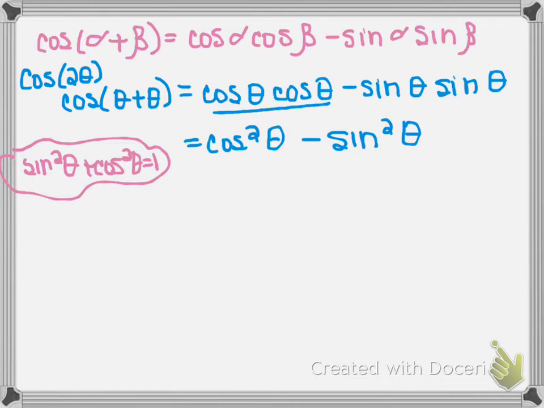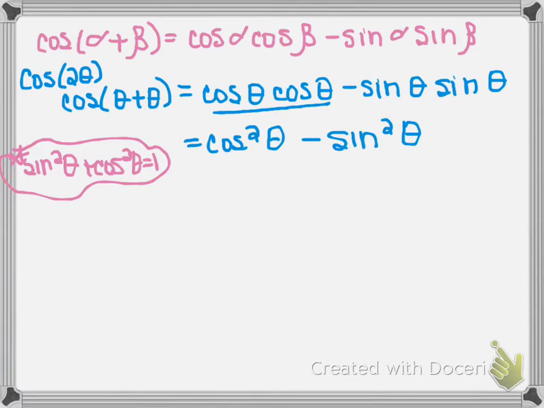So suppose we're doing a double angle formula and we've got down to this cosine squared theta minus sine squared theta, and we don't want to use both of them. We either want to use just the cosine squared or just the sine squared. So we can take this Pythagorean identity and solve it for either sine squared or cosine squared, and then we can substitute.